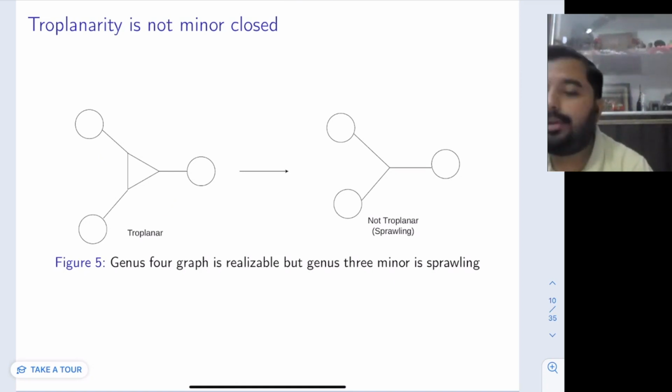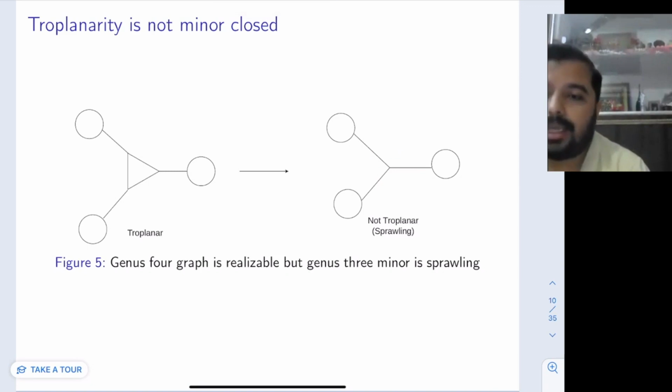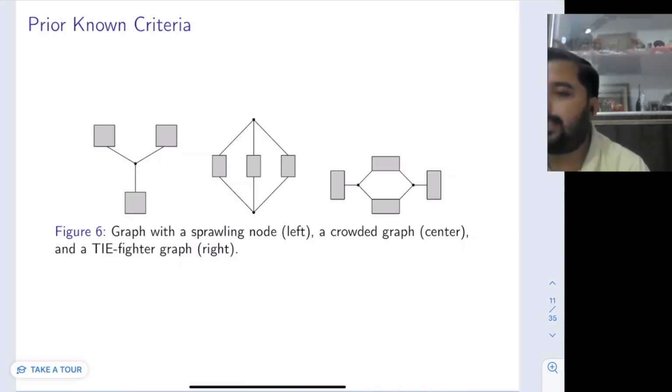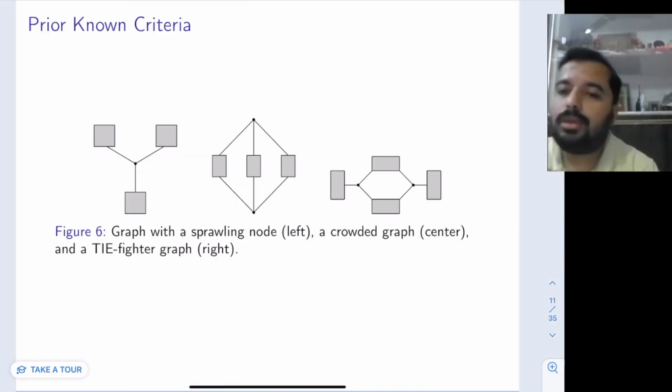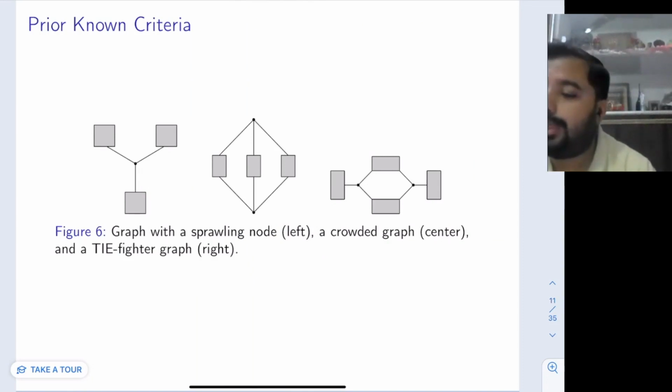But a minor of this graph is sprawling and not realizable. So one side note is that being troplanar or realizable is not minor closed. Now coming to the advancements that took place after this initial paper, they already knew about this condition of sprawling.